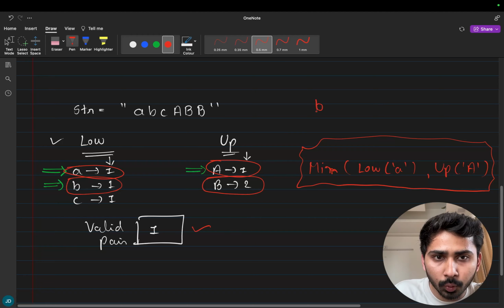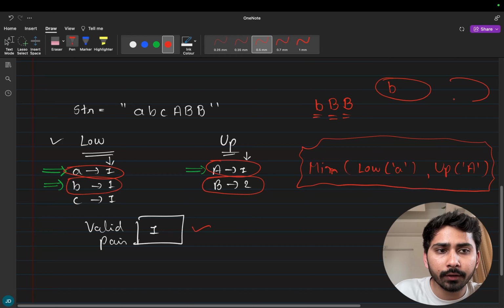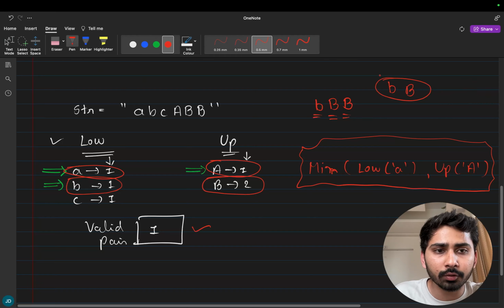There is a single lowercase b and two uppercase B. How many distinct valid pairs exist here? This lowercase b cannot be used in two different pairs, so you cannot create a pair like this; it is not valid. So there is only one possibility, only one pair. And what is this one pair?